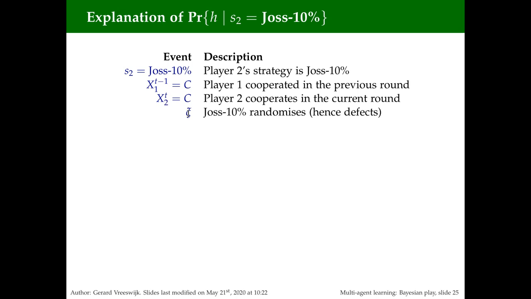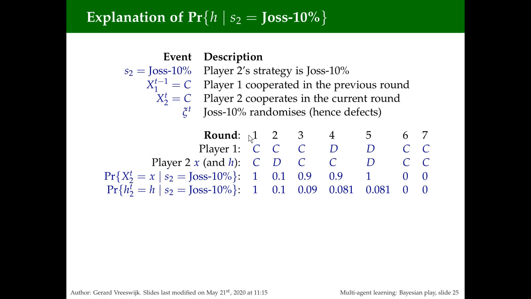And this is the event, well, I should have indexed this one with T as well, that Joss 10% randomizes in the current round. Well, let's index it. So I've now supplemented xi, the event that Joss 10% randomizes in round T, with the index T.